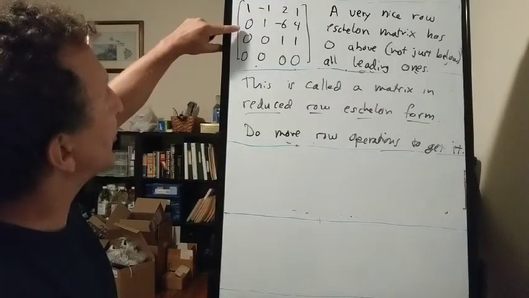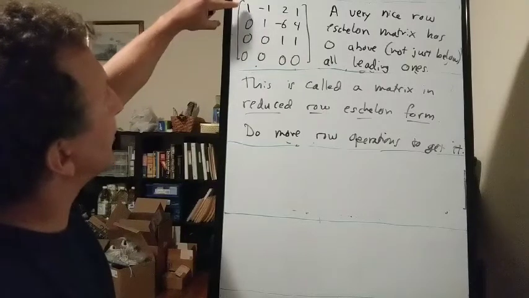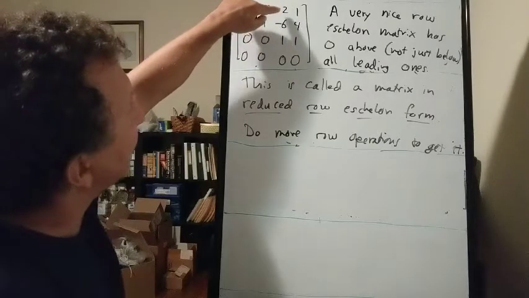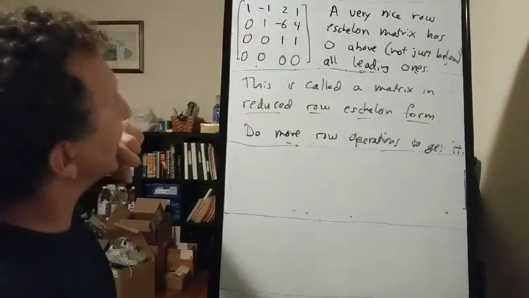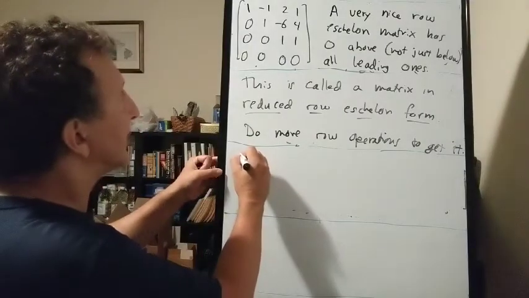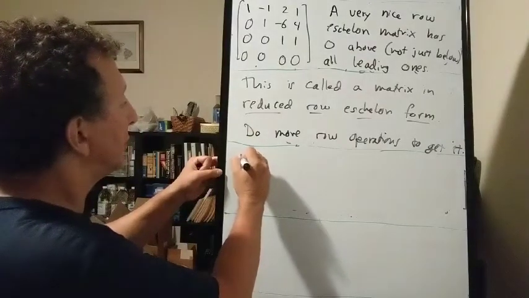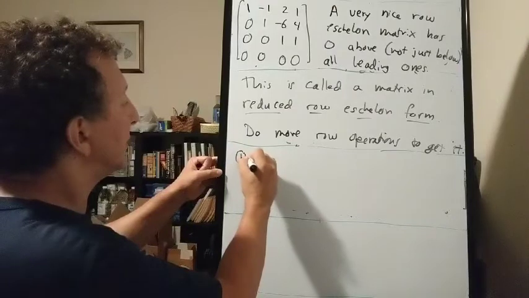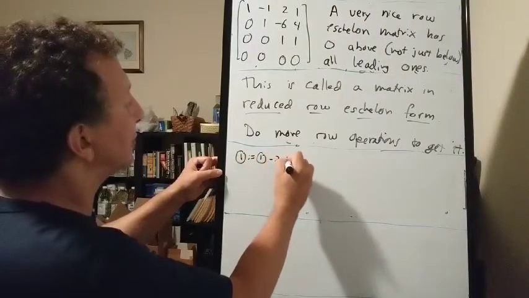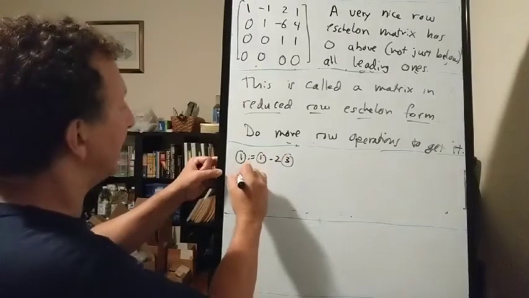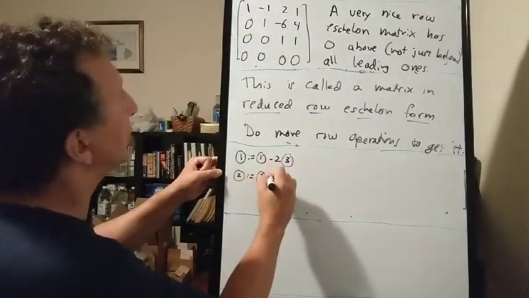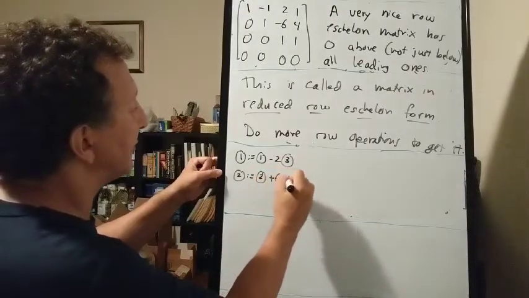And we could subtract 2 copies of row 3 from row 1. 6 copies to get rid of this -6, and subtracting 2 copies to get rid of the positive 2. So let's say row 1 becomes row 1 minus 2 times row 3, and row 2 becomes row 2 plus 6 copies of row 3.